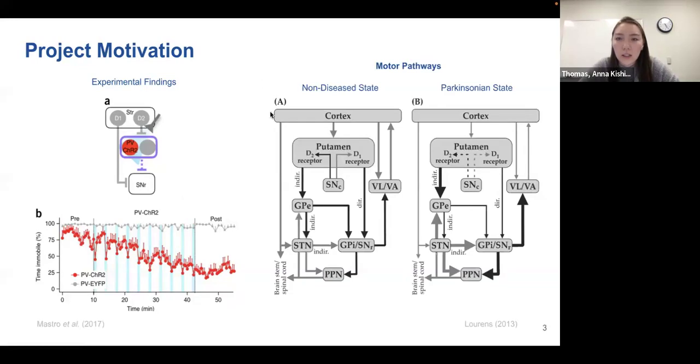So the question is now, on the left here, we see the non-diseased state of these gray boxes, which are mostly nuclei in the basal ganglia, and then the one that is in the brainstem is this PPN. Currently, many models exist of these different nuclei in the basal ganglia, including the SNR, which my advisor has worked on, as well as the postdoc John Parker.